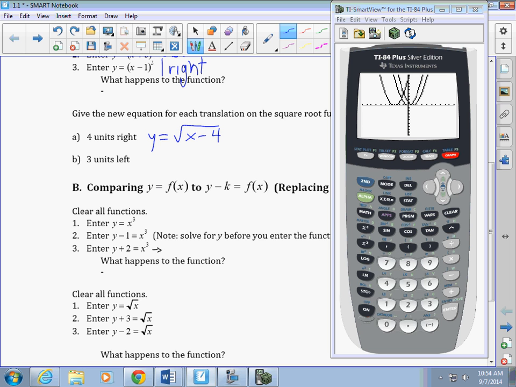And because it is the x that's moving, we have to make sure that is inside the bracket or underneath the square root sign. So if it's 3 units to the left, we're going to do y is equal to square root of x plus 3.